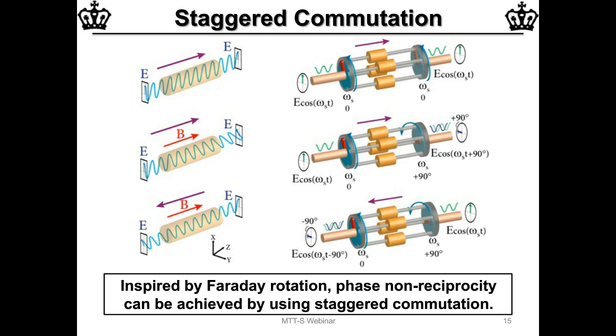And so here, what happens is when the signal travels from left to right, it picks up a phase advance of 90 degrees, while when it travels from right to left, it picks up a phase lag of 90 degrees. And so there's a non-reciprocal phase shift that is created in this circuit.